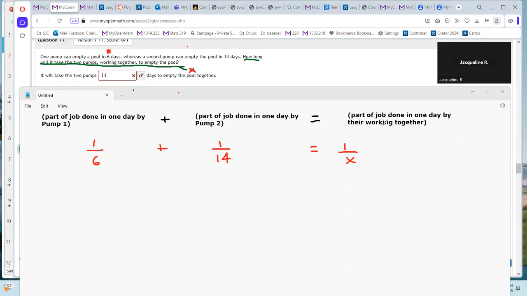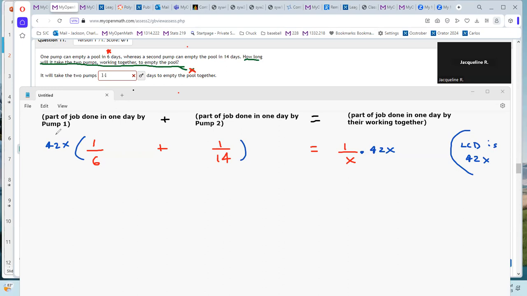The LCD is, let's see, what's the least thing that all three of these go into? 14, 28, 42x. 42x. Okay. So multiply both sides by 42x.